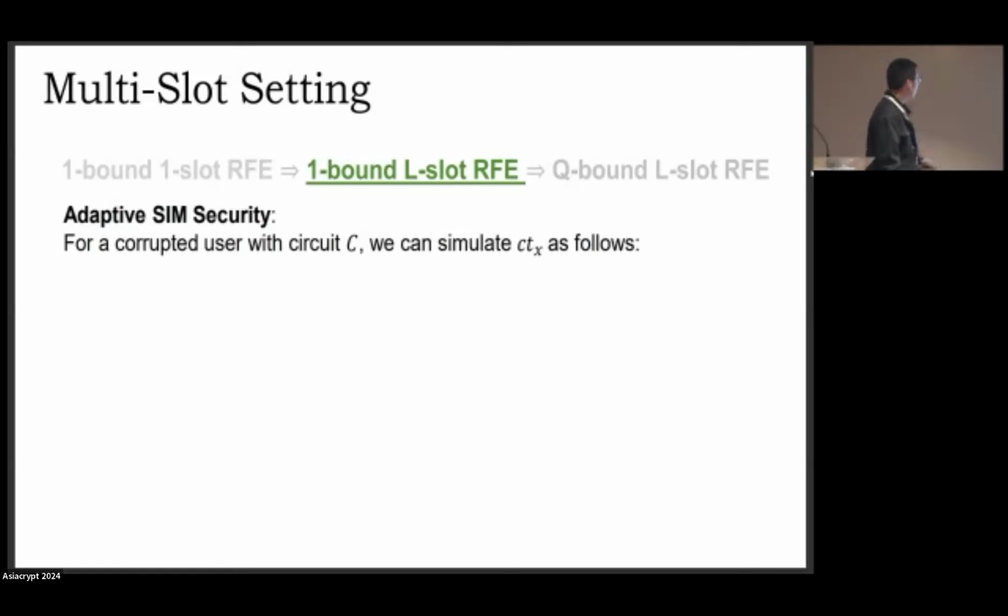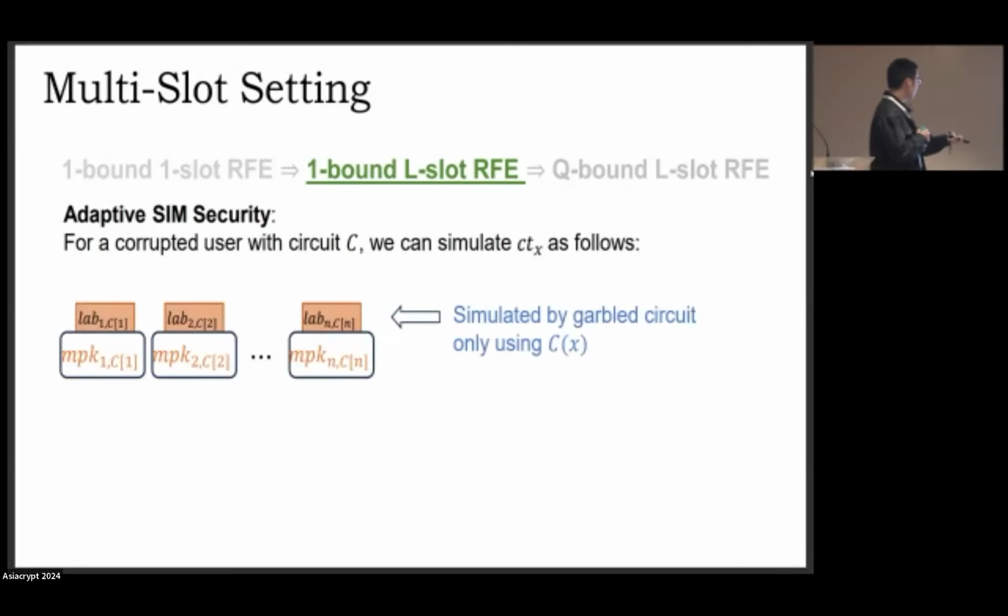As for the security proof, it's also straightforward because we only consider one-bound security. I mean, there is only one corrupted user with circuit C. Then we can first simulate the first half of the ciphertext by the security of double circuits, because all these n labels are related to the register circuit base.